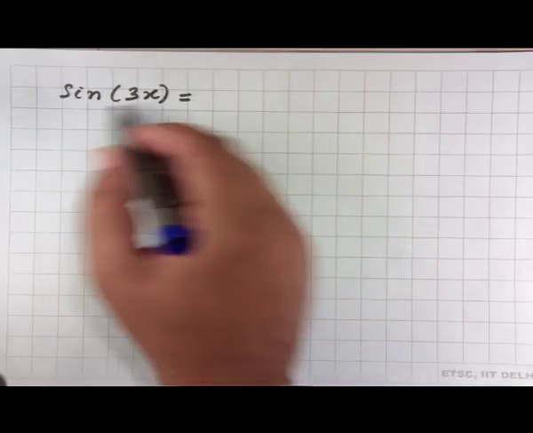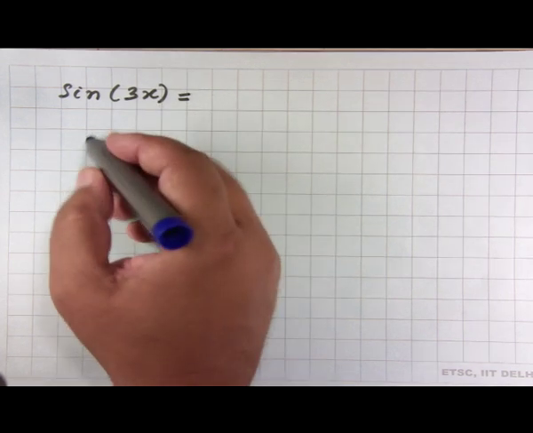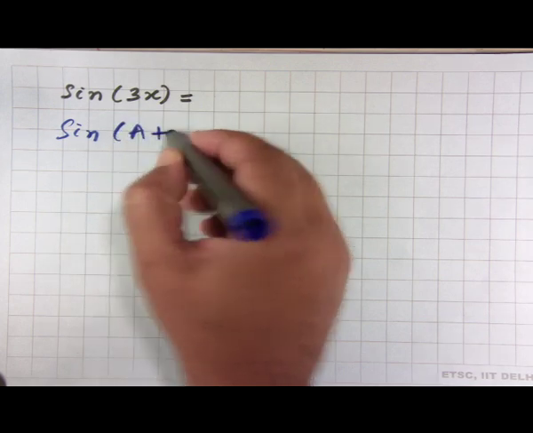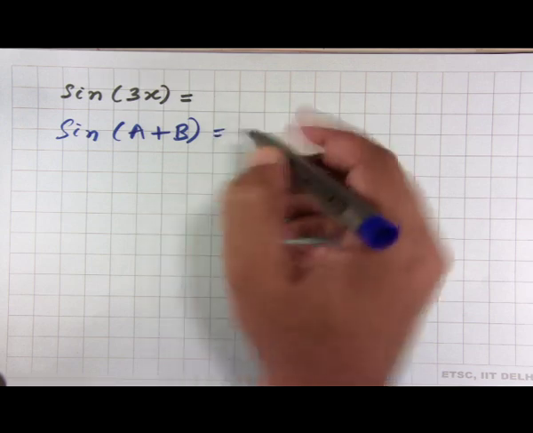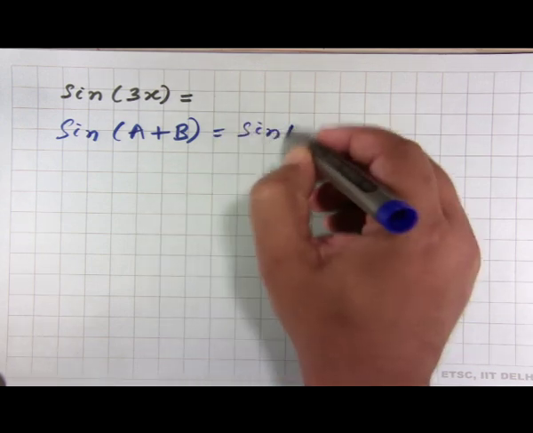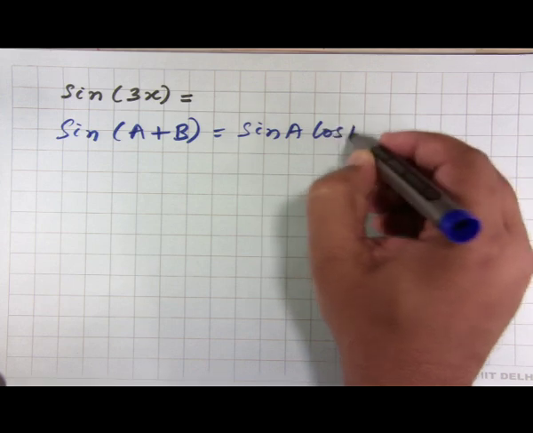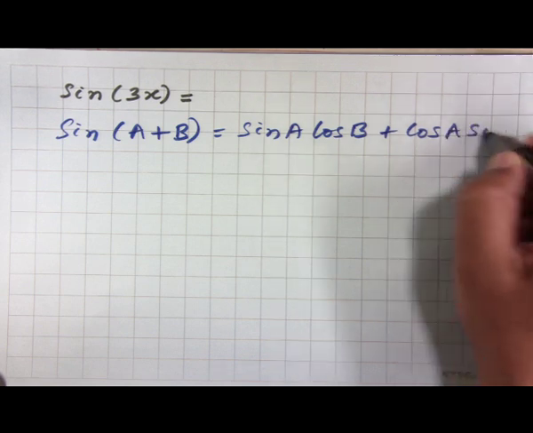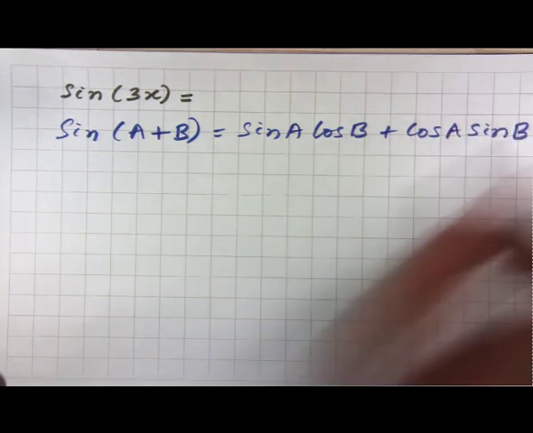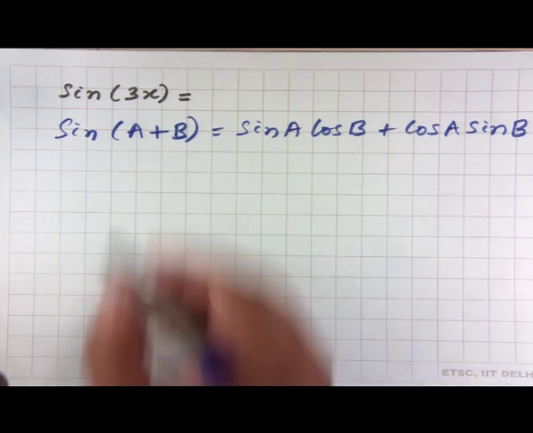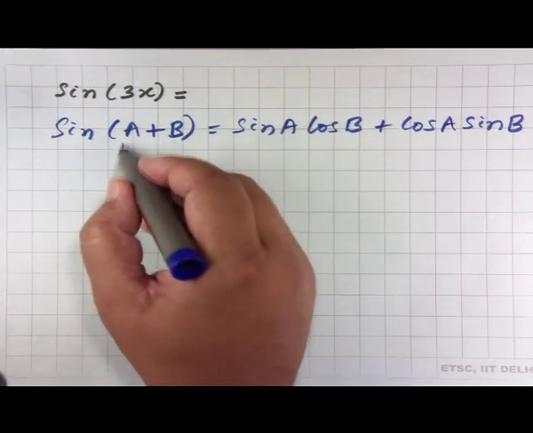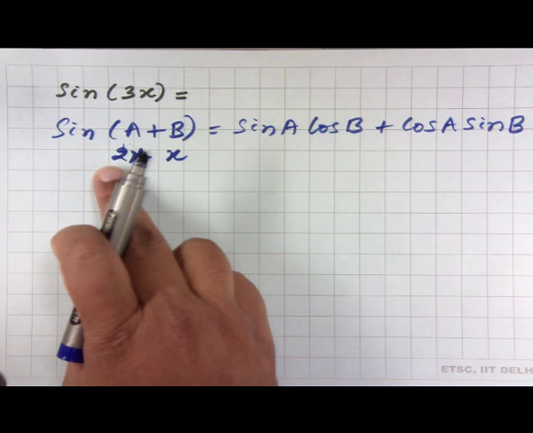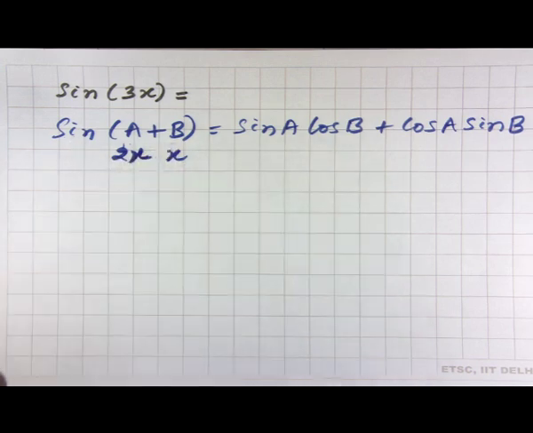So, again for sine of 3x, we are going to use the formula sine of a plus b equals sine a cos b plus cos a sine b, and we are going to put a as 2x and b as x. So, when they get added up, we get sine of 3x.